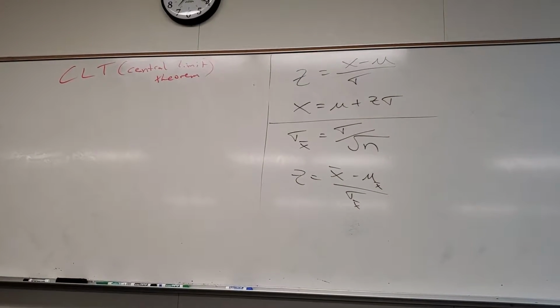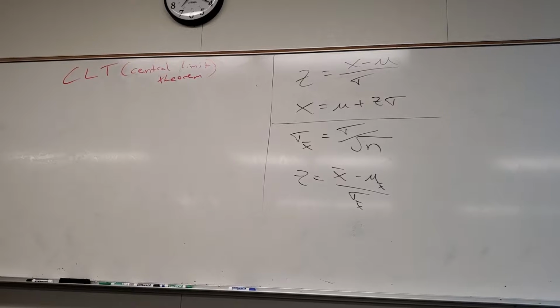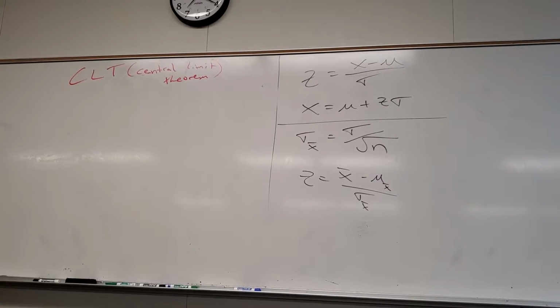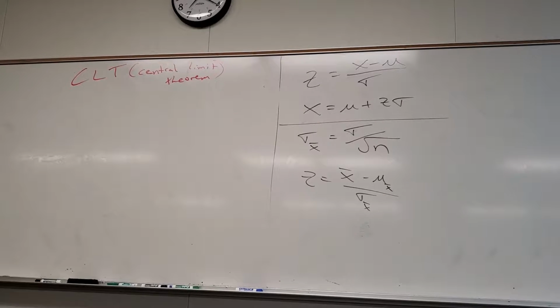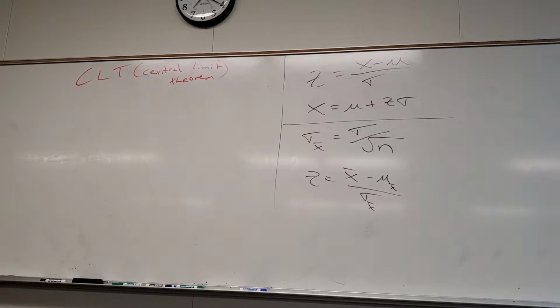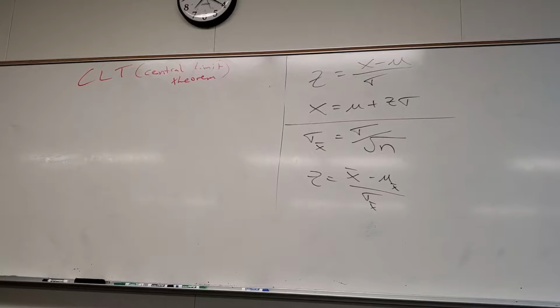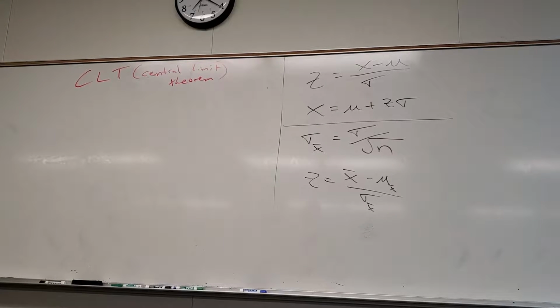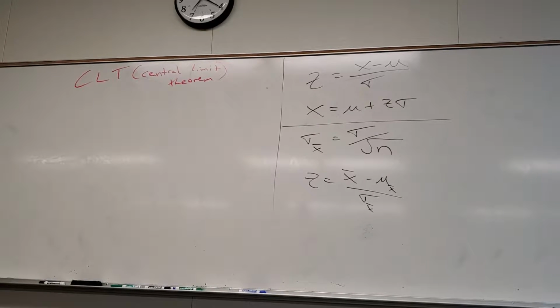And real quick, why is it called that? If I have a population with a certain average, so right now the population of Gross Mont students has a certain average shoe size. Are you with me? So that's a number. There's an average shoe size of all Gross Mont students.